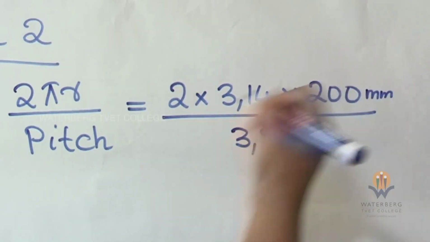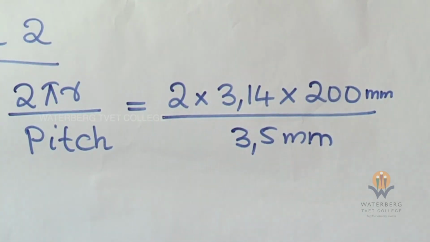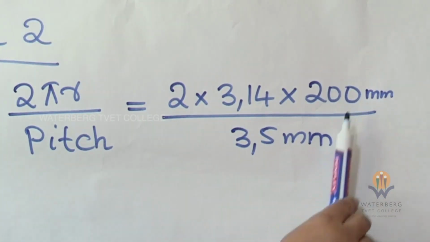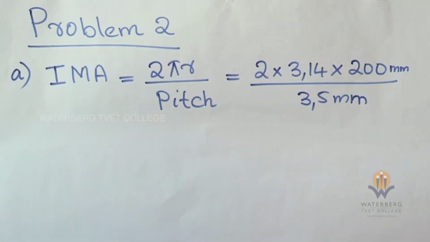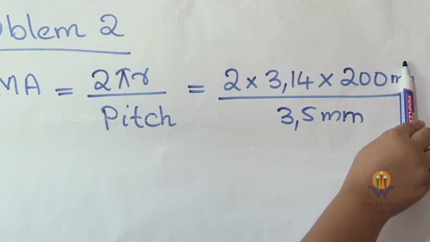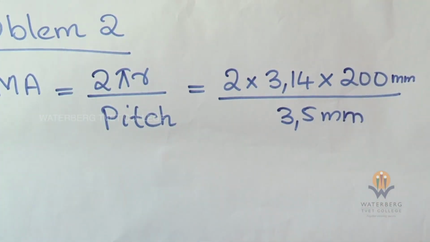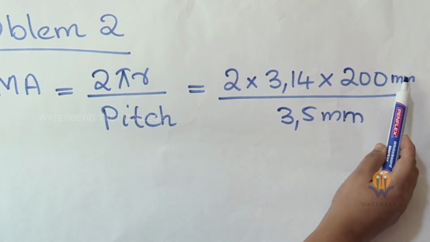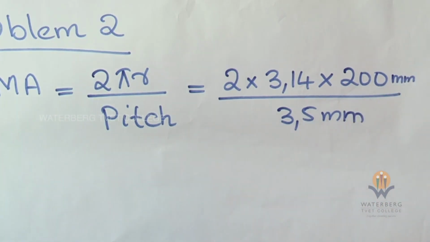Here also this is in millimeters. Now you can see that I didn't convert millimeters into the SI unit, meters, because ideal mechanical advantage is a ratio. On top it's millimeters and at the bottom also millimeters, so they cancel each other. There is no need to convert, but if you want to, you can convert to centimeters or meters. But if one is given in centimeters and the other in millimeters, you must convert them into the same unit.